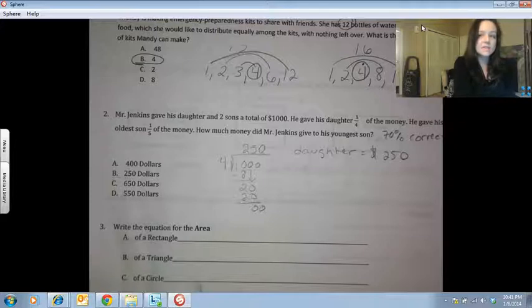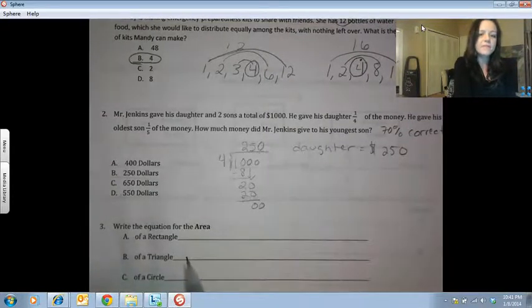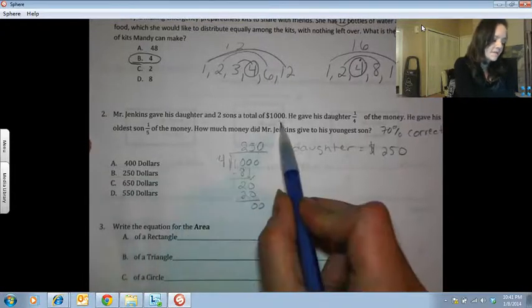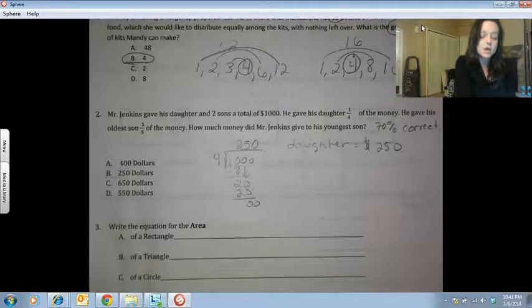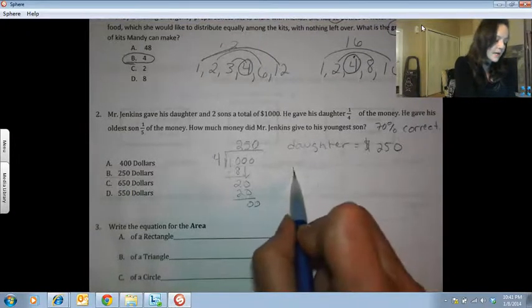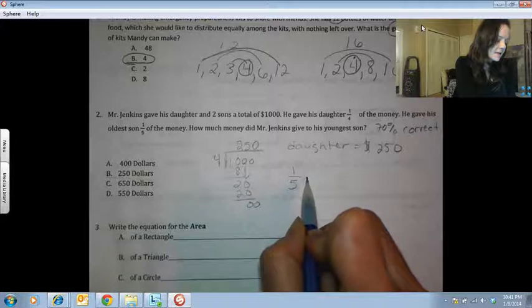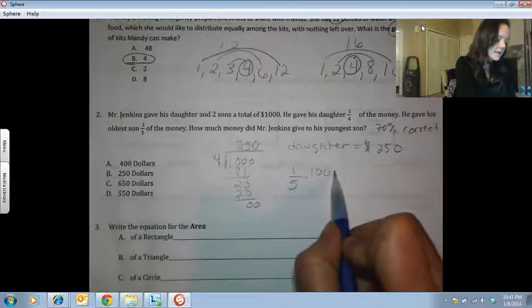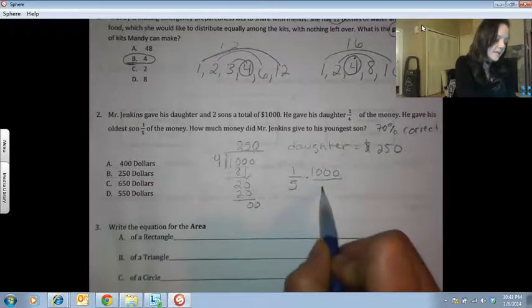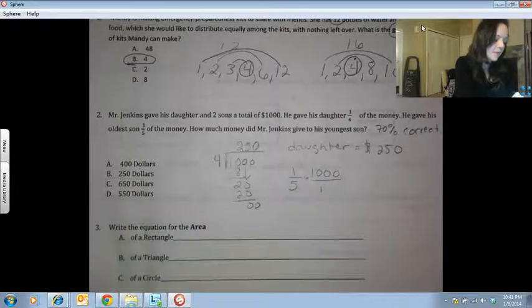He gave his oldest son 1/5 of that money. Okay, so 1/5 of $1,000, we can either divide it into 5 pieces or we can multiply it by 1/5, right? It's the same thing. Dividing by 5 and multiplying by 1/5 is the same thing.